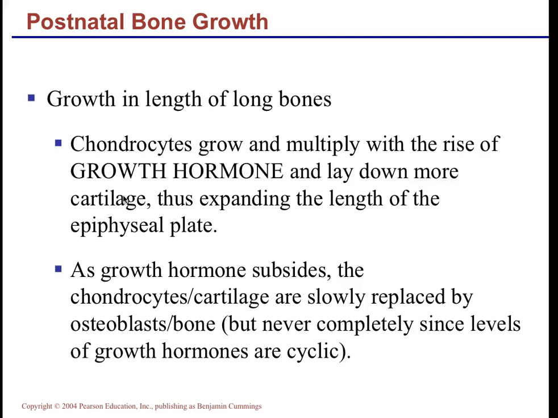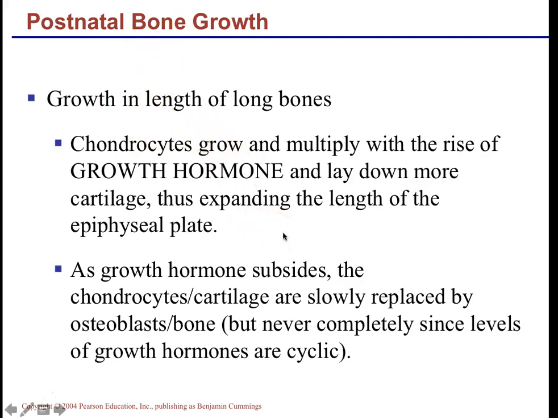None whatsoever. And so what happens in a child as they start to grow? The level of growth hormone will peak, and then chondrocytes will make more cartilage because they can grow and multiply, and the bone expands. But then growth hormone levels are going to go down.